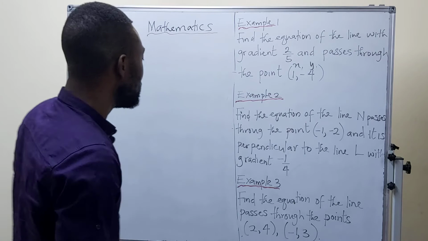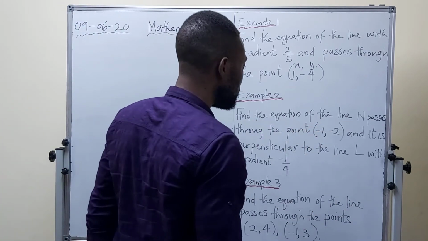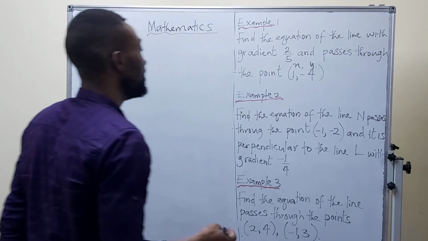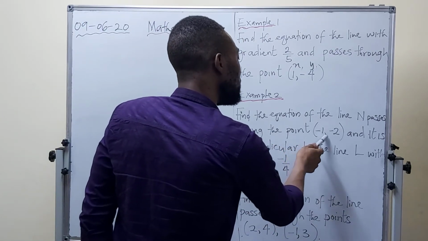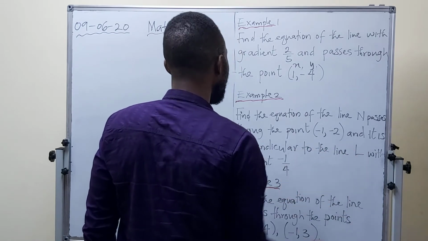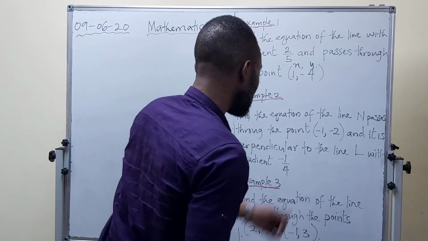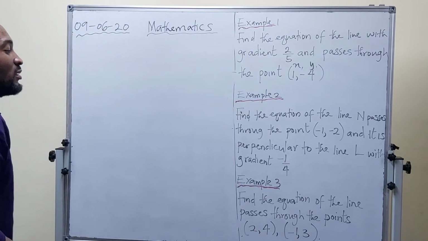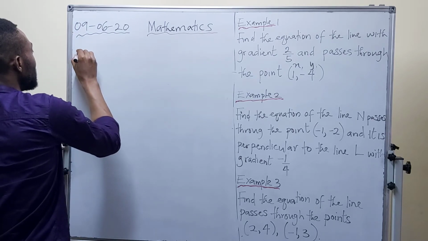If you look at it, it says find the equation of the line N, which passes through the point (-1, -2) and is perpendicular to the line L with gradient -1/4. Then we move to the solution.